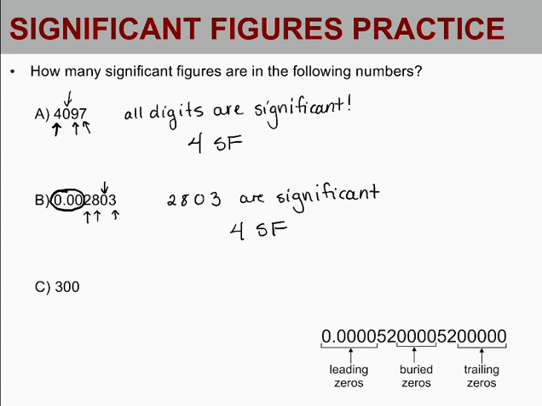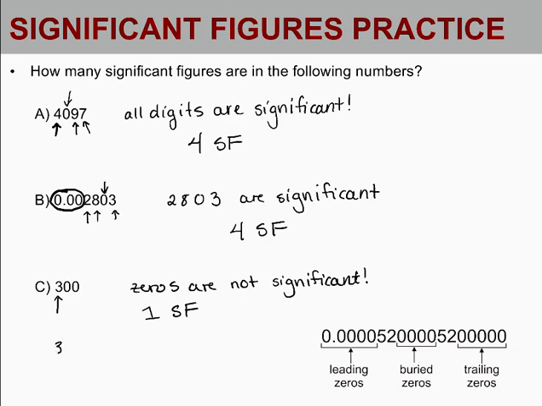And then the last one is really tricky. So here we have a 3 followed by 2 zeros. And we know the 3 is significant because it's not 0. But then those 2 zeros, we would call those trailing zeros. And in this particular instance, they're actually not significant. So in this case, we only have 1 sig fig.